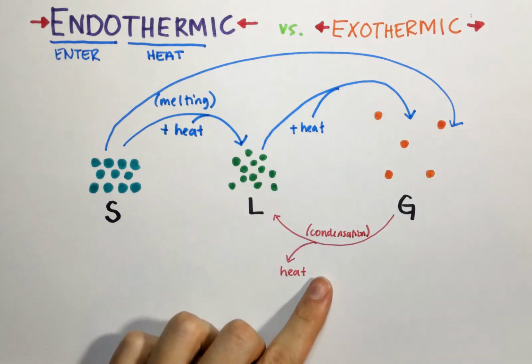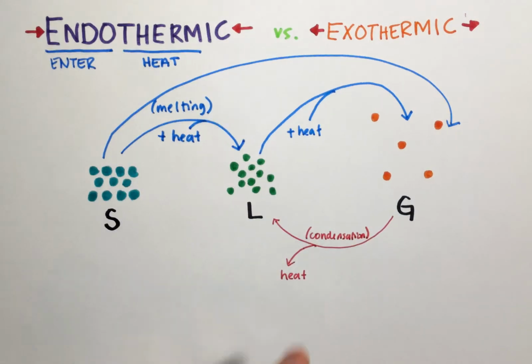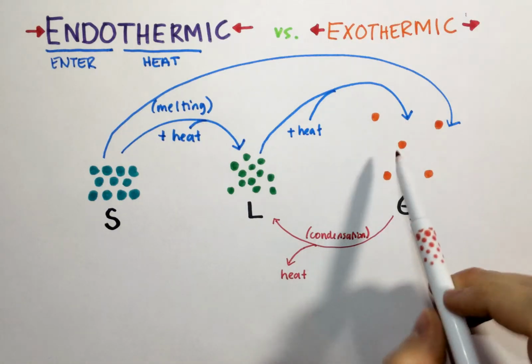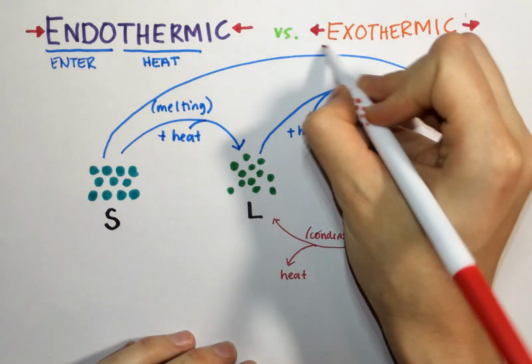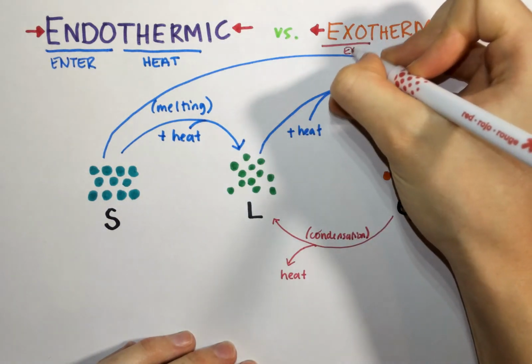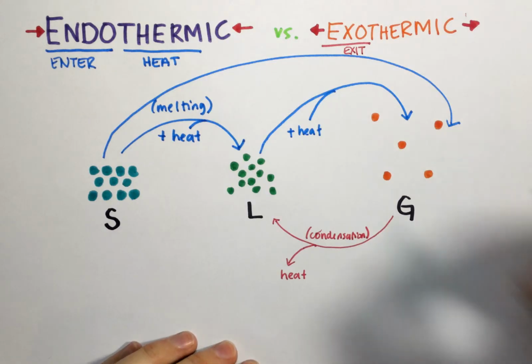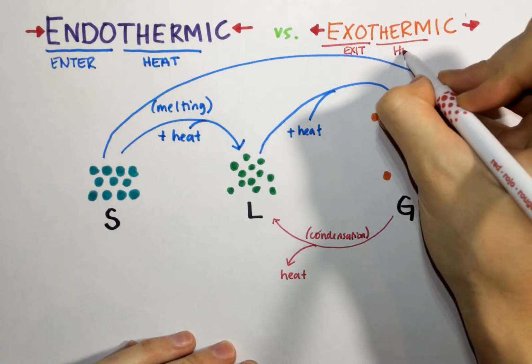When heat exits as a result of the change, heat has to have left in order to get from our starting picture to our ending picture. We call that type of change exothermic. Exo being our exit or our release, and therm again being heat.